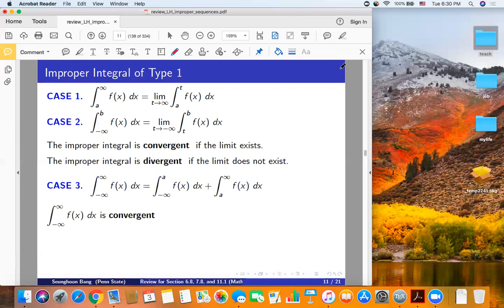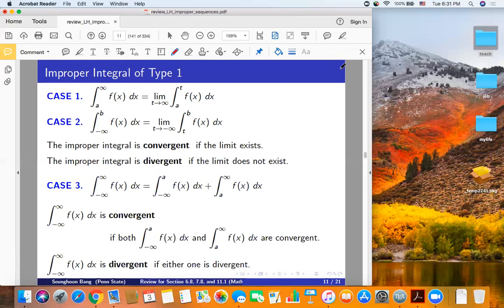The integral from minus infinity to infinity of f of x dx is convergent if both improper integrals from minus infinity to a and from a to infinity are convergent. If either one is divergent, then it is divergent.